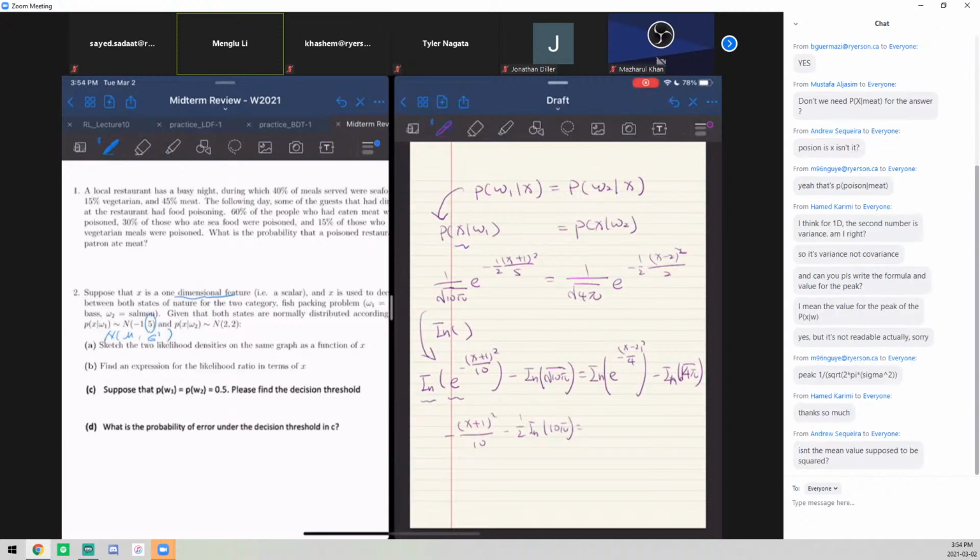This one also gets rid of the exponent and log, and becomes this. I think from this part we can do the calculation, or we can simplify one more step.